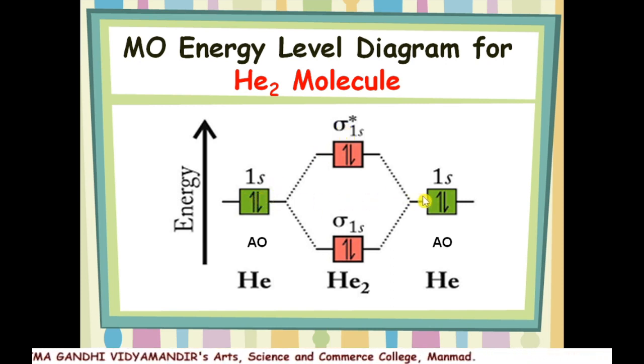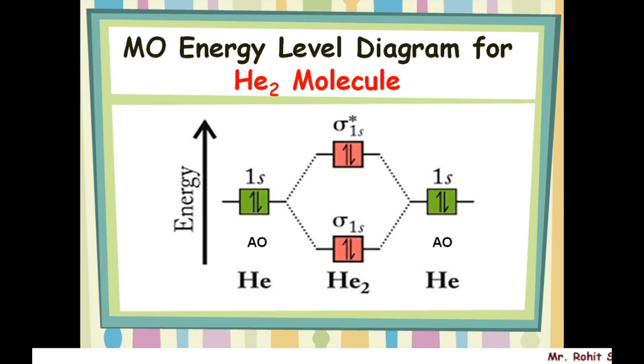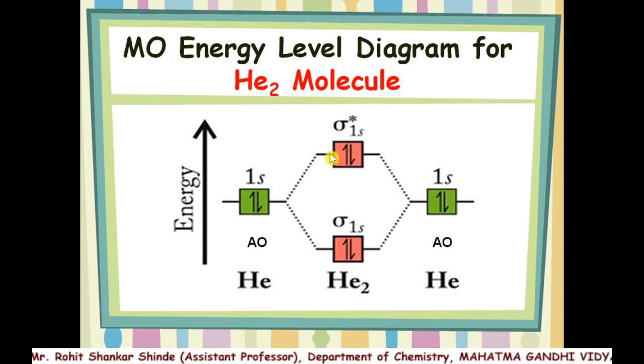Out of these 4 electrons, the first 2 electrons occupy the bonding molecular orbital. The bonding molecular orbital can accommodate only 2 electrons. So the next 2 electrons go to the anti-bonding molecular orbital as shown here.